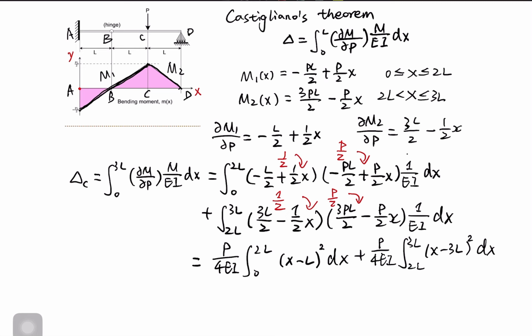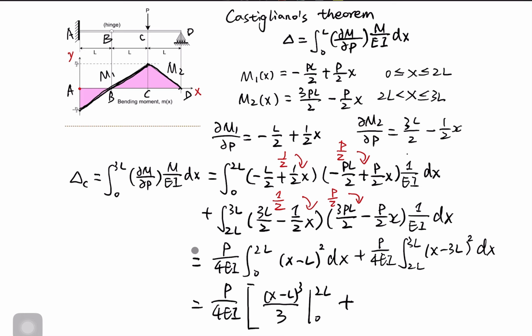So we will have P over 4EI, bracket, 3x minus L cubed, from 0 to 2L. Okay, this is the first one. For the second one, we take out P over 4EI from here, so we move PL over 4EI to here.